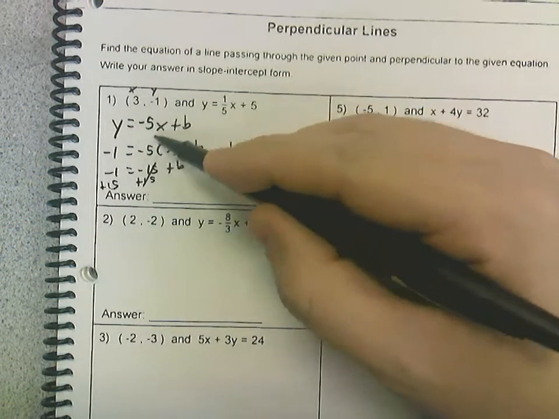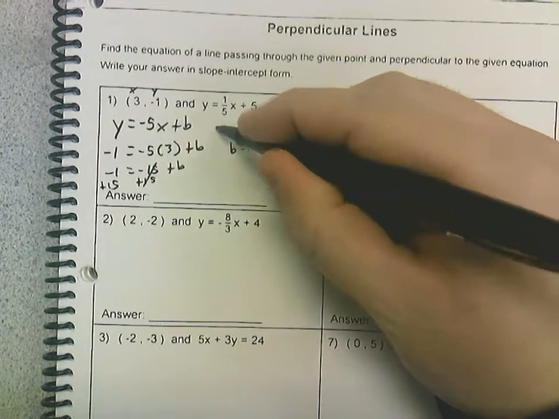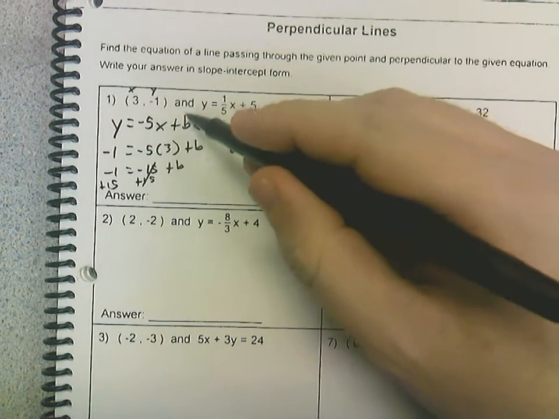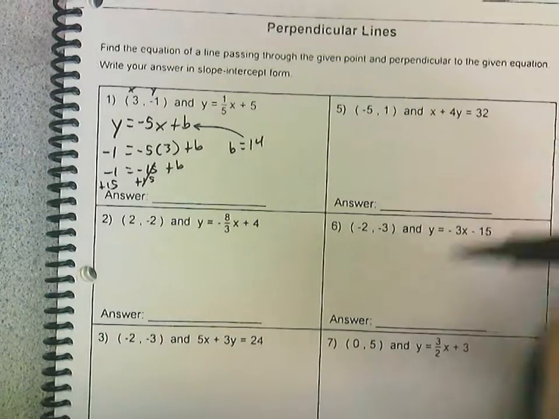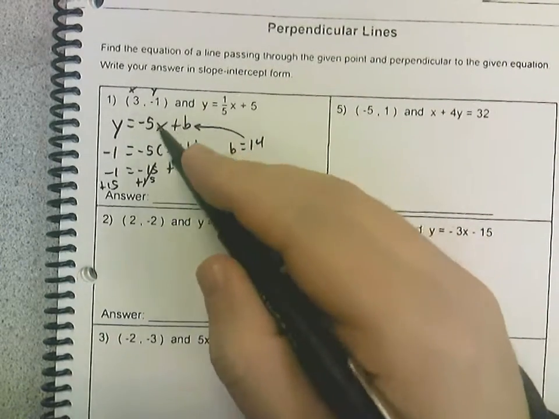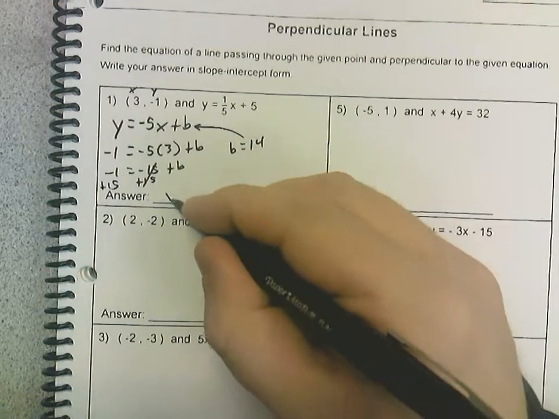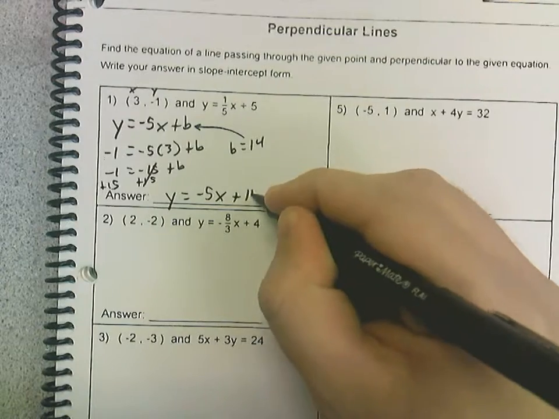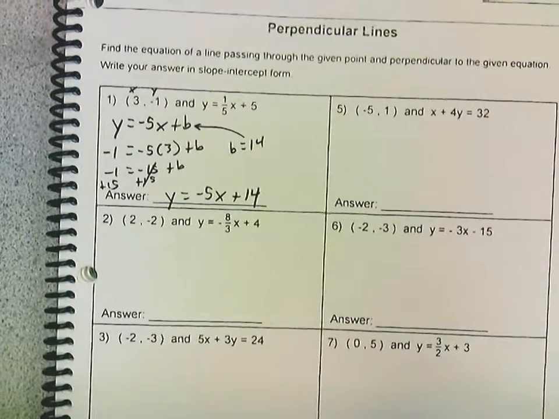I want a perpendicular equation. So remember, the b is going to come up and replace the first b that you started with. Okay? So when you plug this back into your original perpendicular equation, your final answer is going to be y equals negative 5x plus 14. Okay?